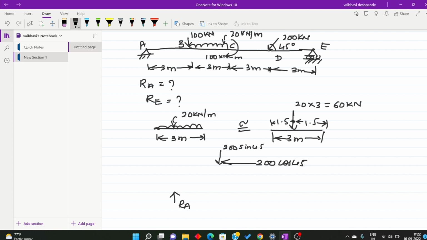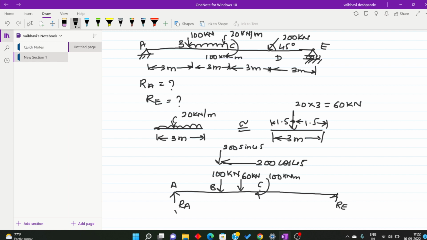Here it is RA, RE, point A. At point B there is 100 kilonewton and this 60 kilonewton. At point C there is a moment of 100 kilonewton meter.